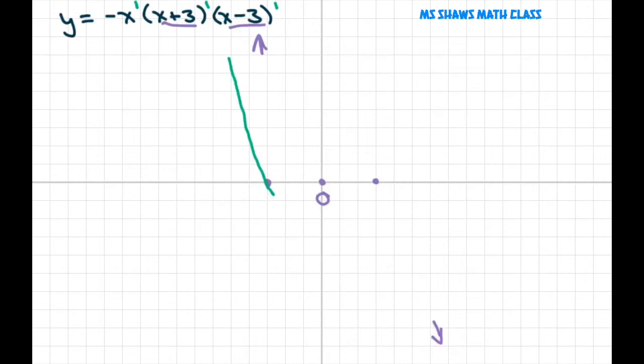We don't care about the min and max values in this video, so just estimate it. It doesn't really matter for this video. Then we can cross, come back up. You know your end behavior. We can cross again at 3, and there is your graph. I'll erase this part. All right, so let me label this. This is negative 3, 0, and 3.